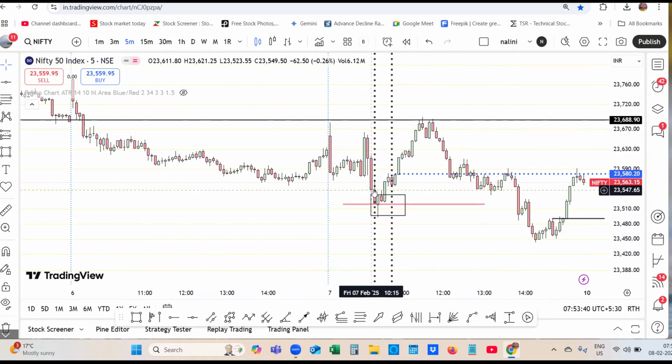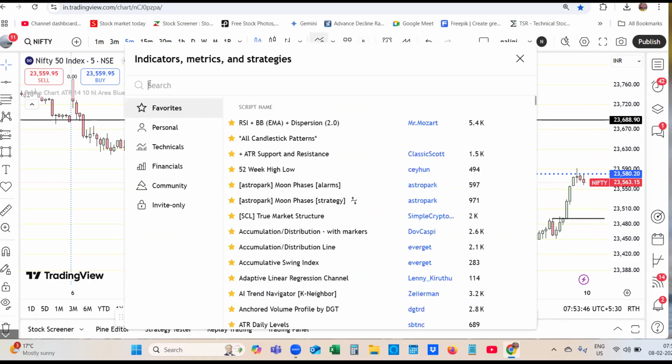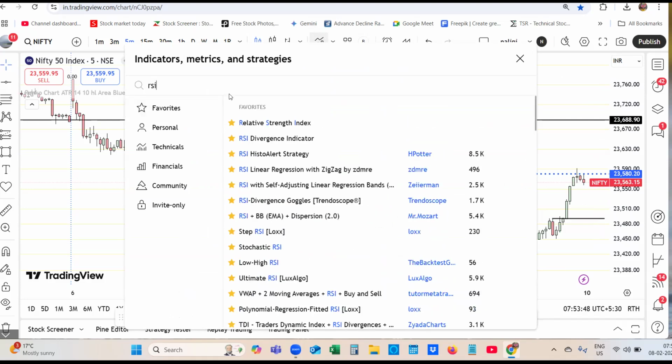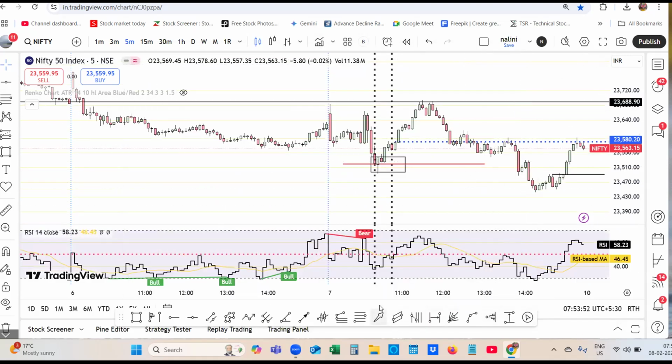Manually, I'm identifying the entry with this and applying, let me apply RSI. I usually take the RSI for my guidance. If I apply the RSI, it is coming up and stepping up over here. See, I'll zoom it out.